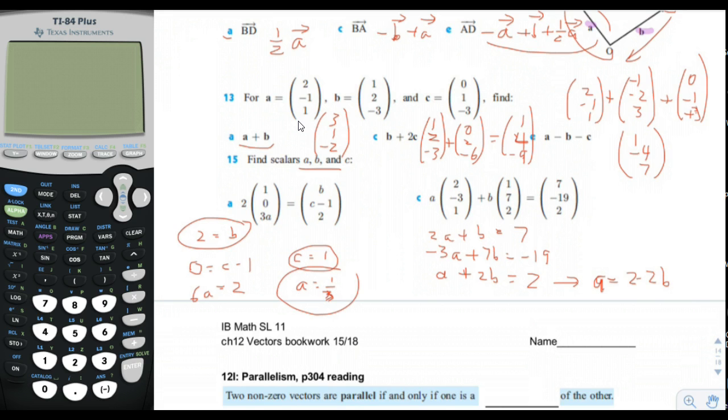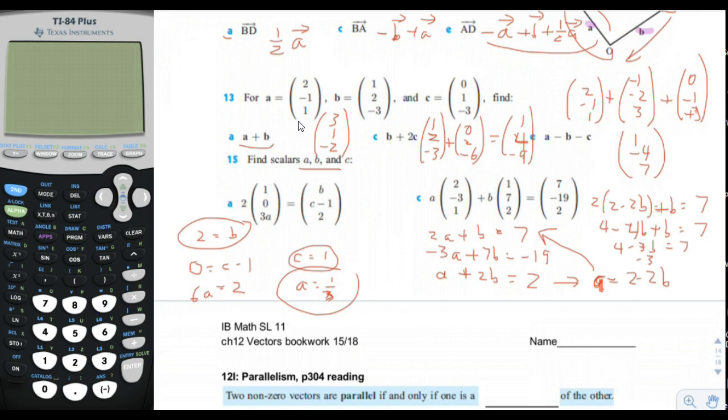So from the bottom equation, we get a equals 2 minus 2b, and then we're going to substitute that into the first equation. So we get 2 times (2 minus 2b) plus b is equal to 7. So 4 minus 4b plus b is equal to 7. So 4 minus 3b is equal to 7.